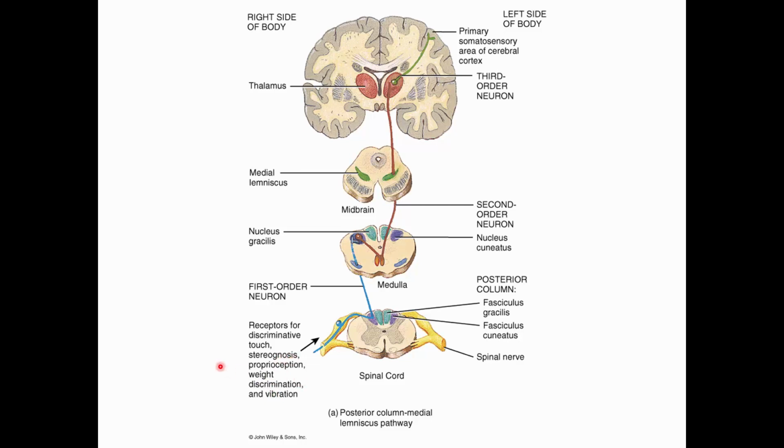So the sensory neuron enters the spinal root. There's the dorsal root ganglion, crosses through the gray matter, does not synapse, rises in the dorsal columns, and finds a nucleus in the medulla. The inner nucleus, that's the fasciculus gracilis. That's coming from the lower body.